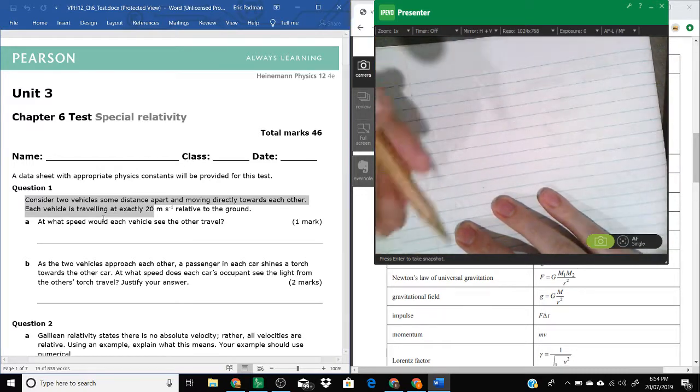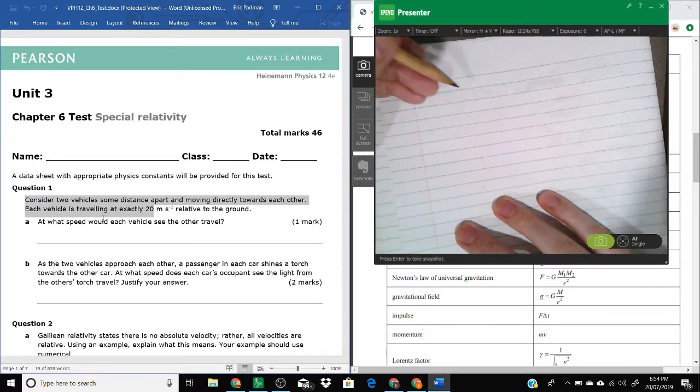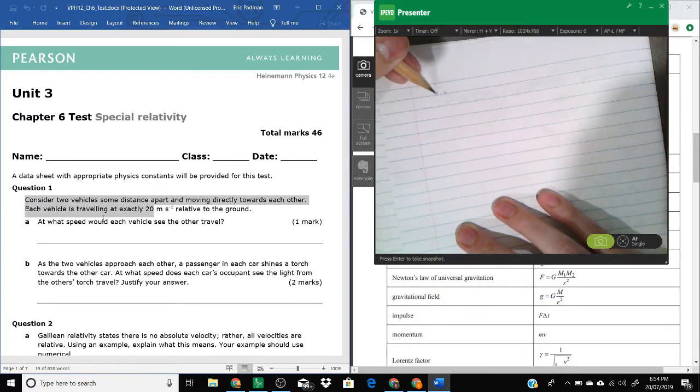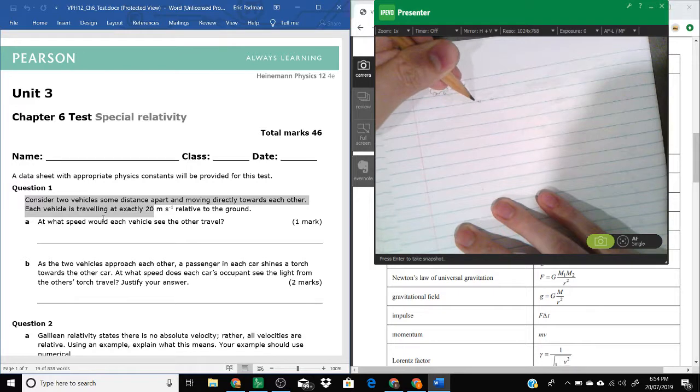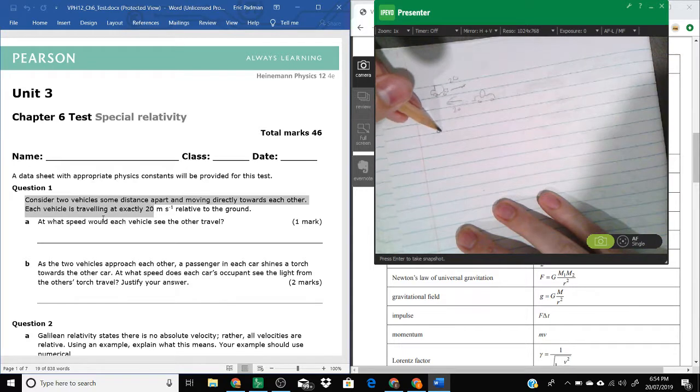Okay, so we're moving far too slowly to really take effect of any relativistic factors. So essentially, you've got one car. You want to draw a car. It's going this way. The other one's going the other way. And both are going 20 in opposite directions. So basically, the relative speed of each other.